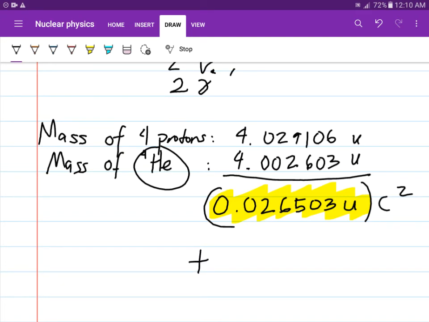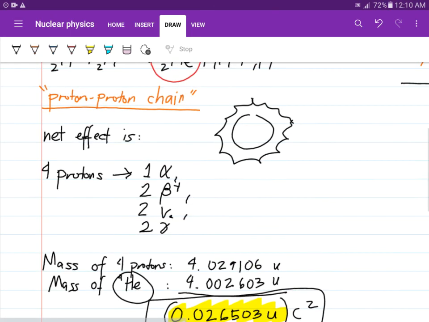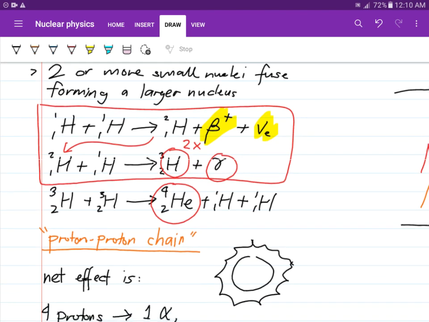And if you add in the effect of the gamma rays, you would get another 26.73 mega electron volts. So overall, this amount of energy results from the proton-proton chain reaction which happens inside the cores of stars.